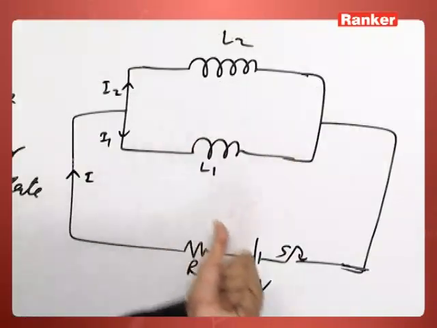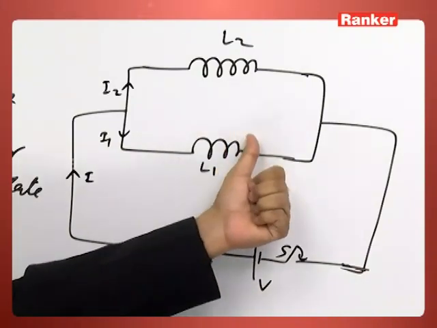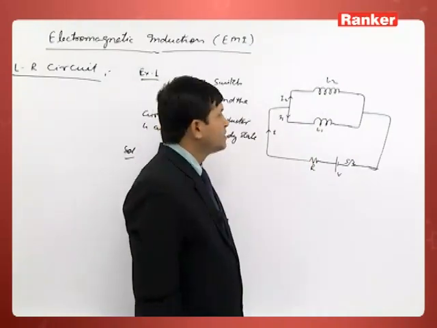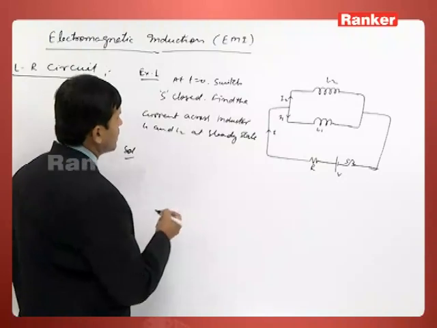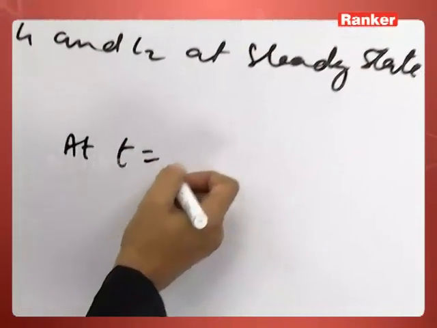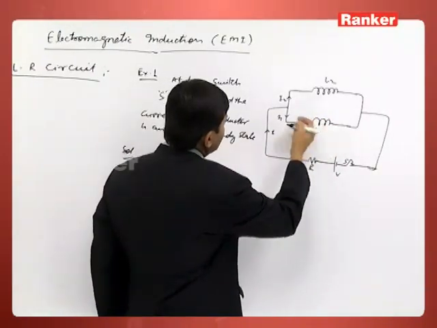So after some time, when the current gets stabilized, the inductor acts just like a wire. First of all, at t is equal to t, EMF will develop.